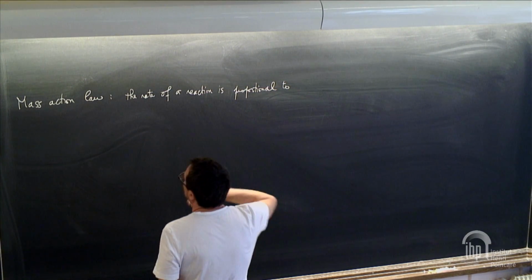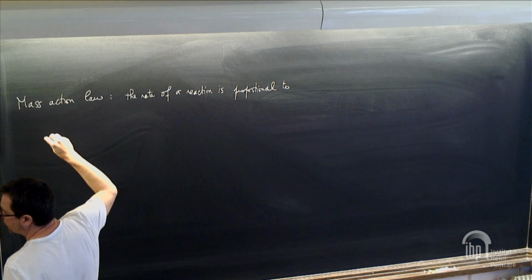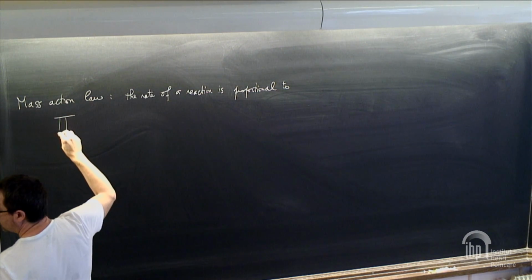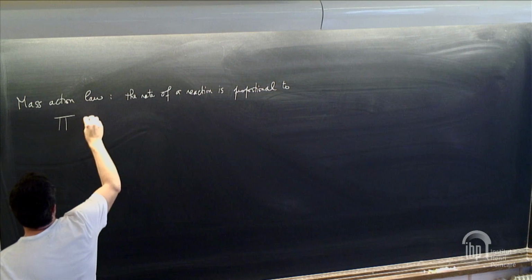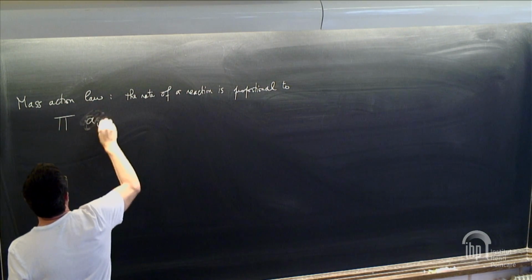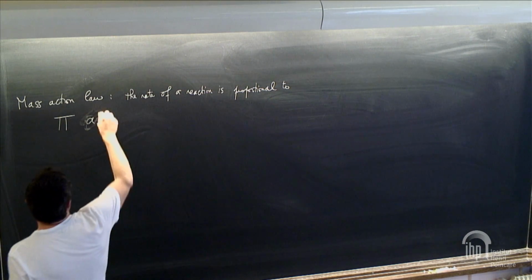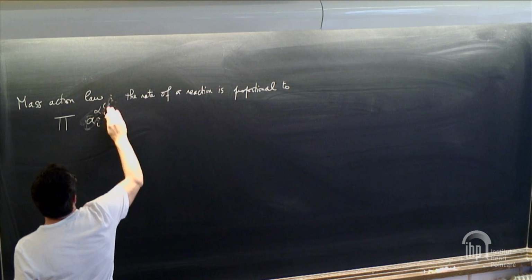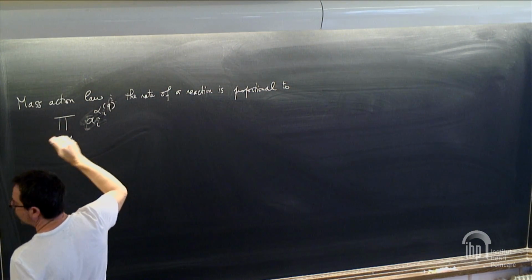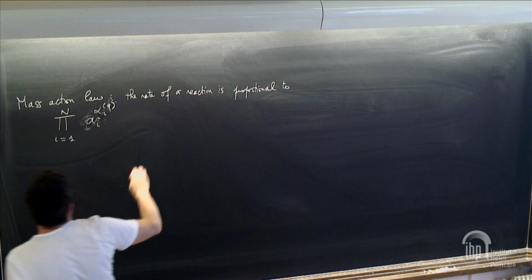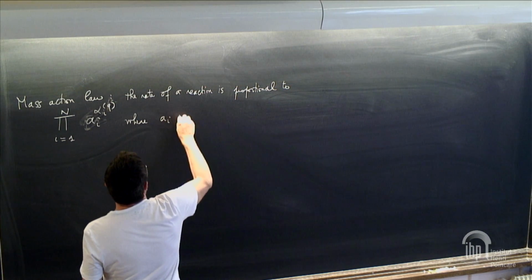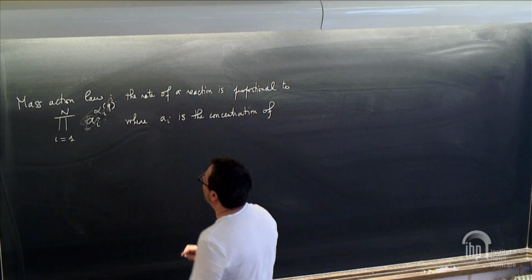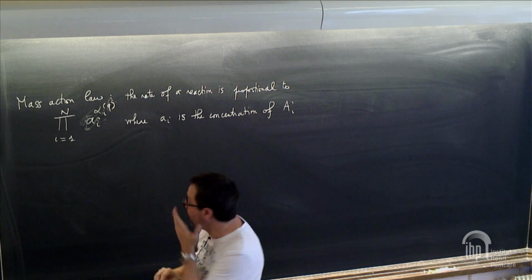Okay, so the rate of reaction is proportional to the product of a_i to the alpha_i,Q, let's say from i equal 1 to N, where a_i is the concentration of the species capital A_i.